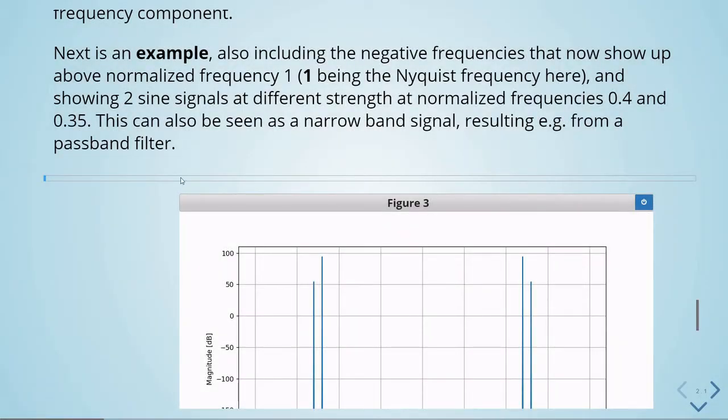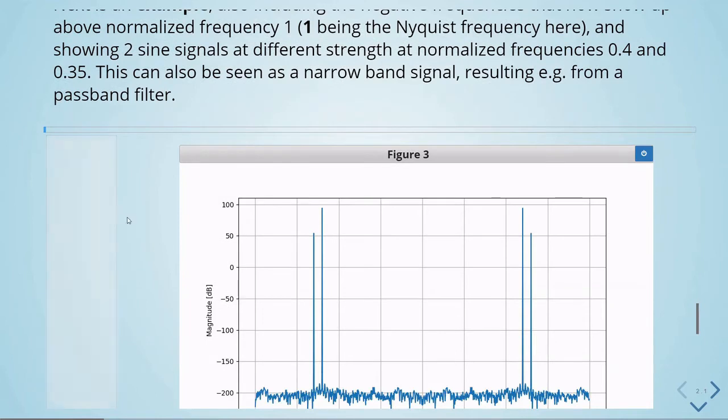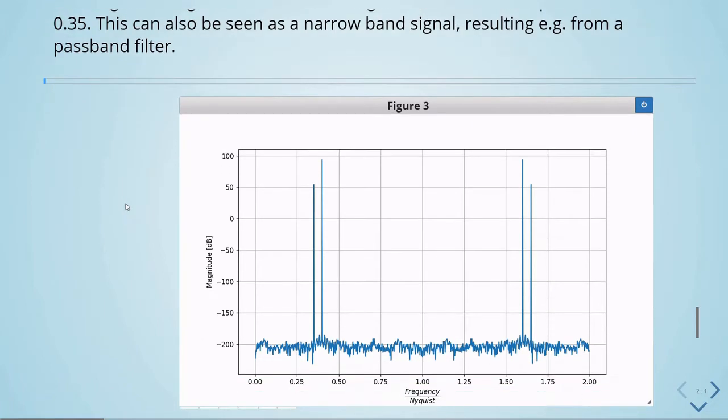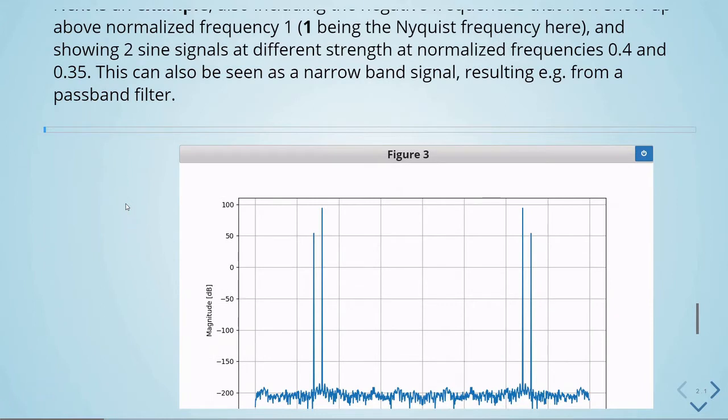So here is an example also including the negative frequencies that now show up above the normalized frequency 1, which in this case is the Nyquist frequency. We have two sine signals at different strengths at normalized frequencies 0.4 and 0.35.